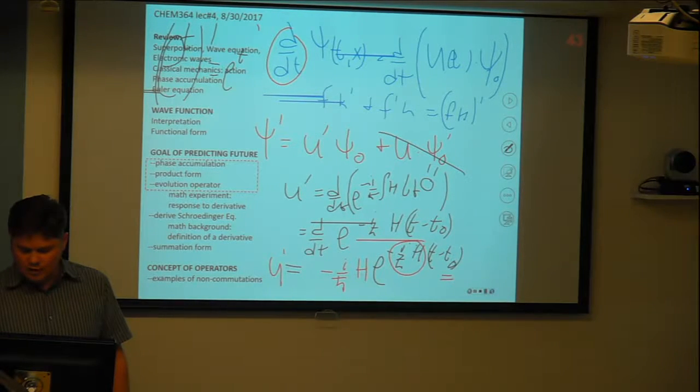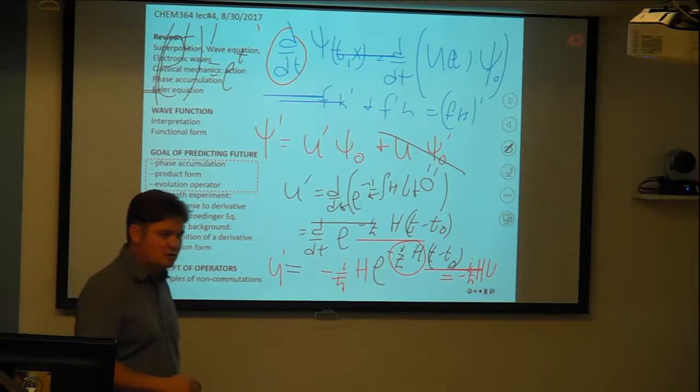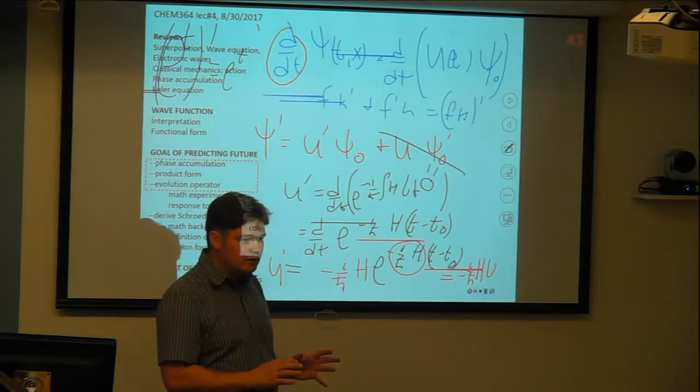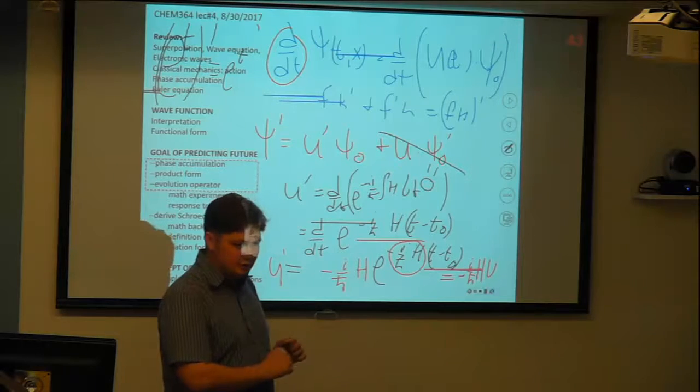So by taking the derivative of the evolution operator, we get minus i over h bar Hamiltonian times the evolution operator itself. So the derivative of the evolution operator gives the evolution operator times Hamiltonian.